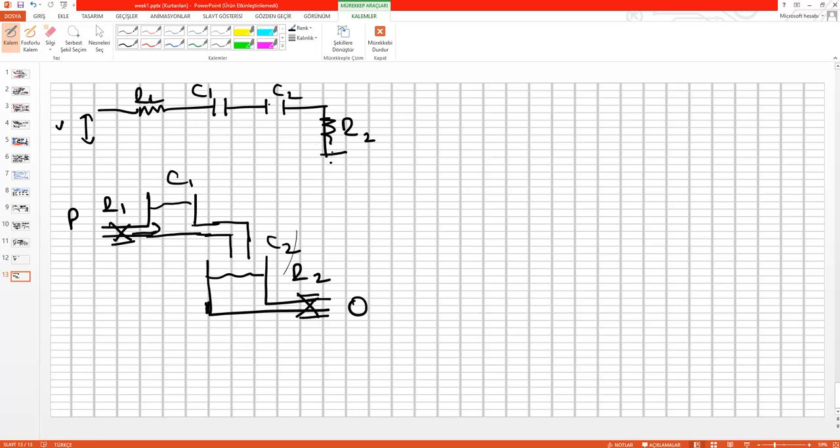No, so this the R1 and the current is coming here, okay? And C1 store the energy and C2 store the fluid or mass in here, and after that we have the R2 in here because we have these currents. Just like this one. Is this your example? Is your question?